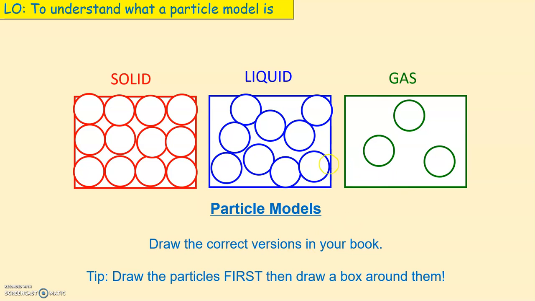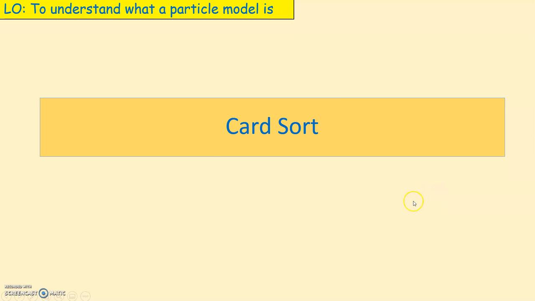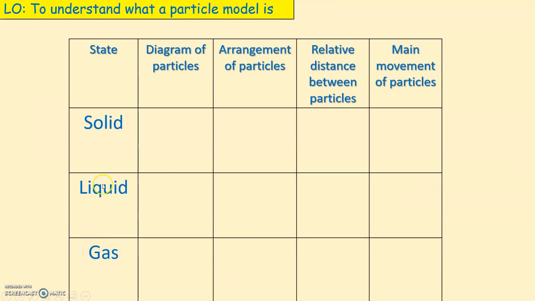Okay, all done? Brilliant. Now, what I need you to do is to draw this table and stick the models on it and describe what they are. Describe their movement, okay? So again, pause the video and do that.